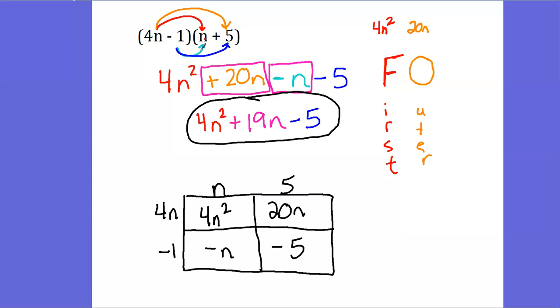Moving on to the -1. The I part of FOIL stands for inner. So we have our outers with the 4n and the positive 5, and we have our inners, the stuff on the inside, the -1 and the n. And with this problem, -1 times n gives us -n. That's our I part of FOIL.